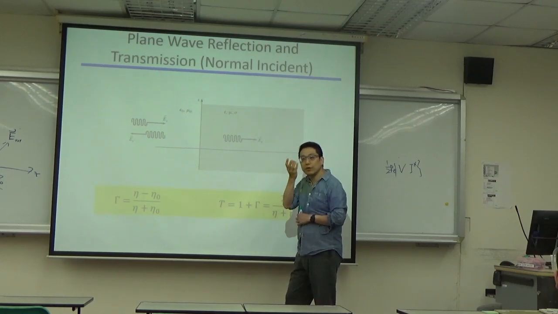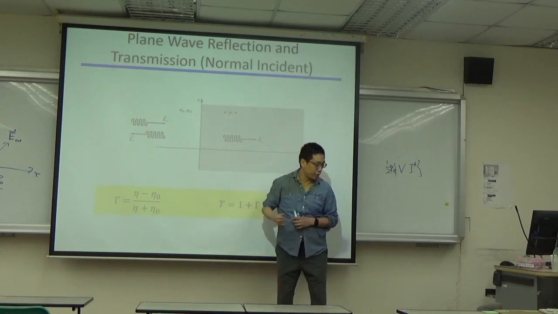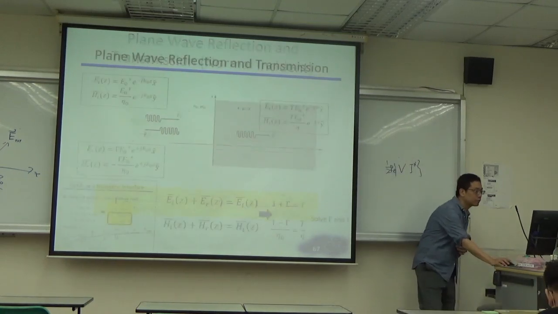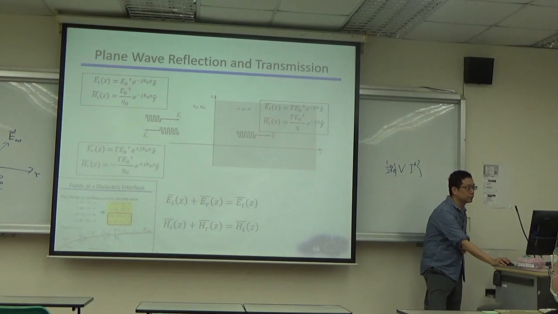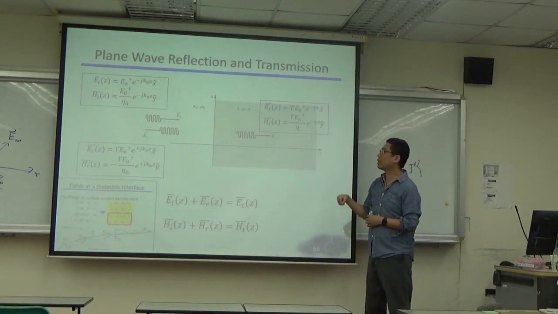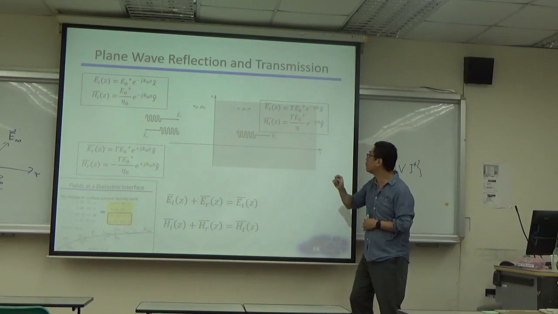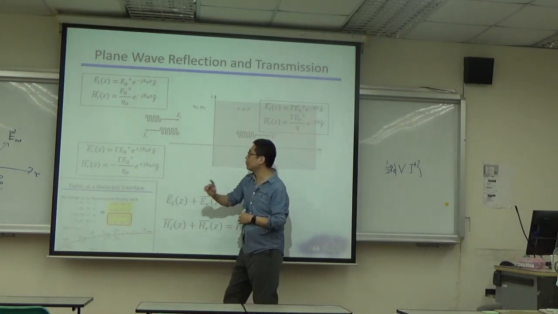So, in your exam, for the question, I will ask you about the reflected and incident wave. Please write it down. I will not give you T, I will not give you gamma.